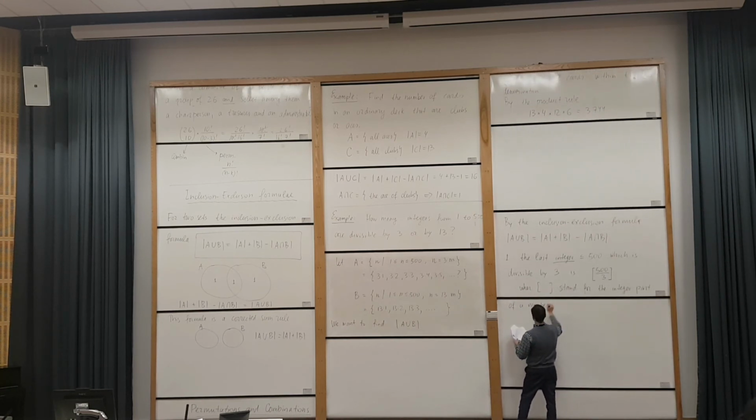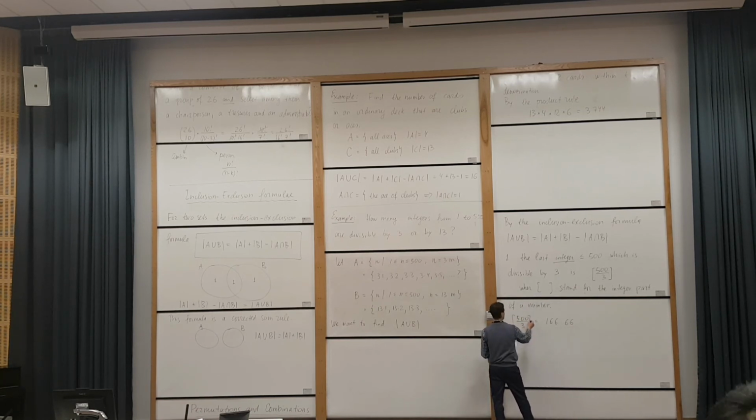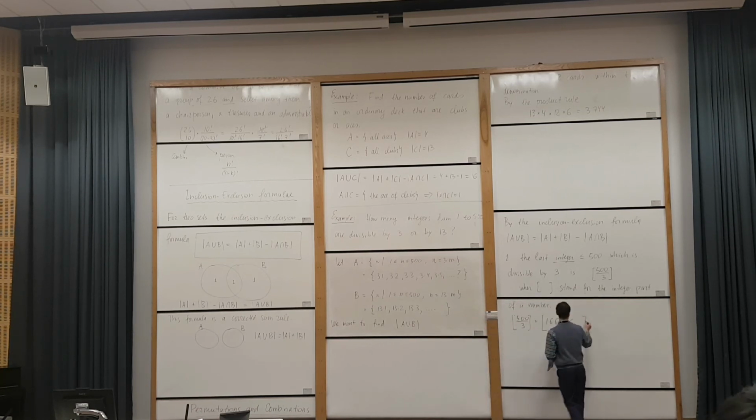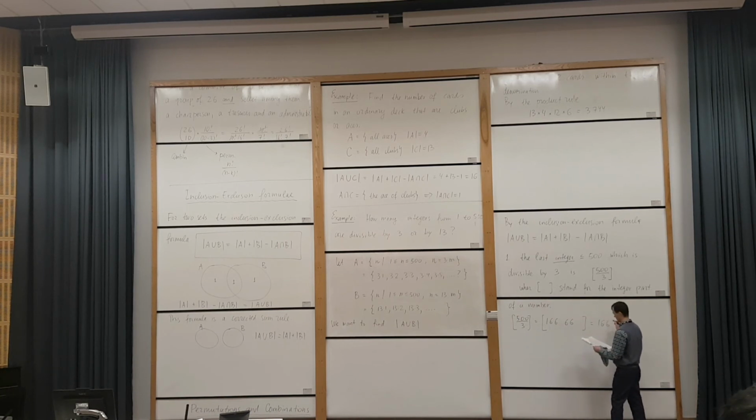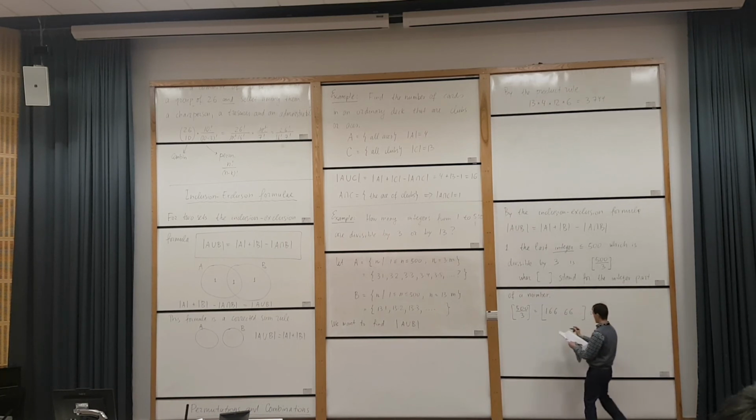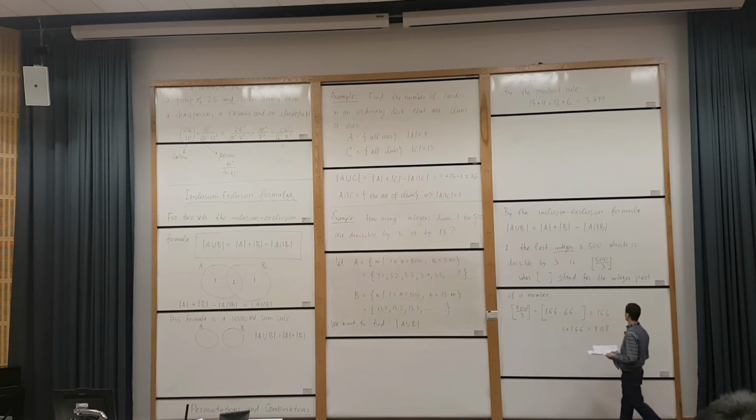And we can calculate this using the calculator. 500 over 3 equals 166.66, and so on to infinity, so the integer part of this is 166. And we can check ourselves. 3 times 166 is 498.